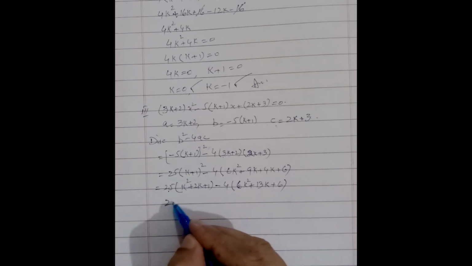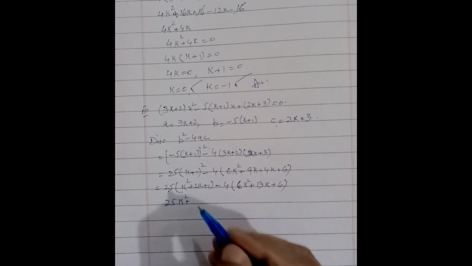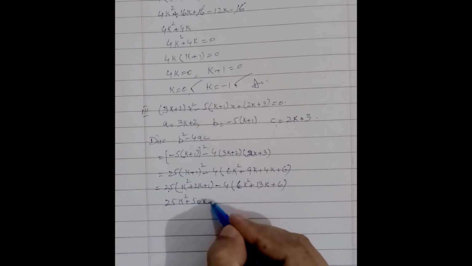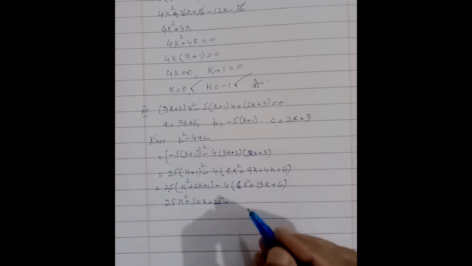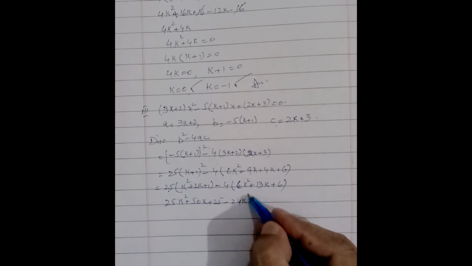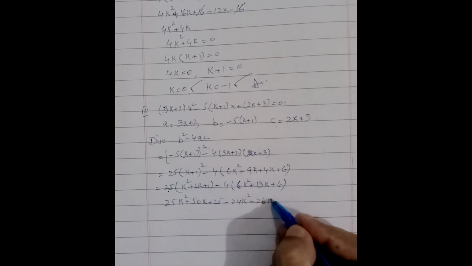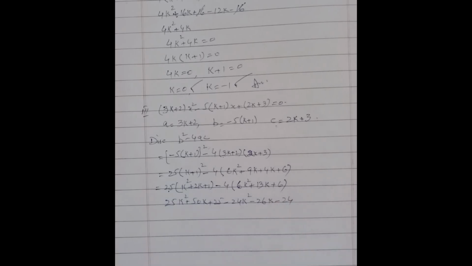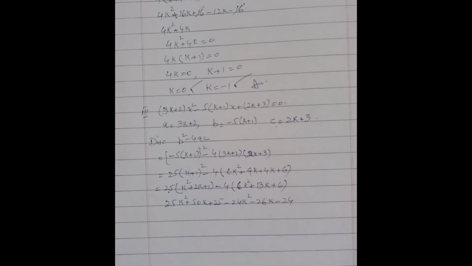We get 25k square plus 50k plus 25 minus 24k square minus 26k minus 24. And now we further simplify 25k square minus 24k square. We get 1k square plus 50k minus 26k plus 25 minus 24, we get 1.